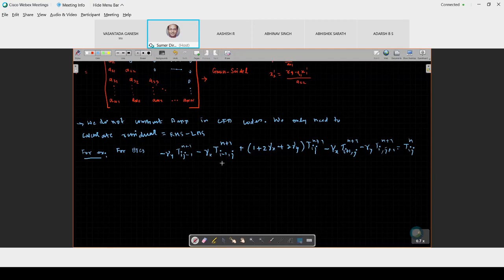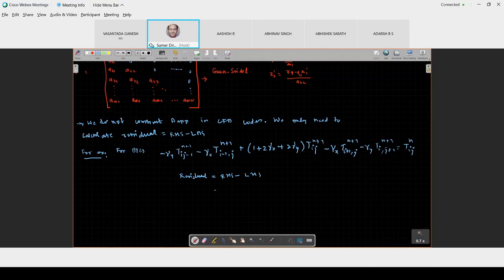Now in this case, what is the residual? Residual is equal to the right hand side minus the left hand side.